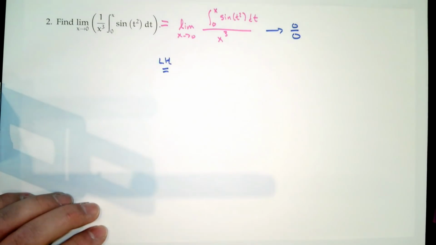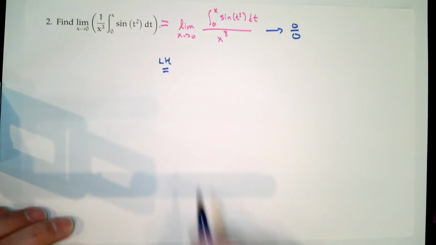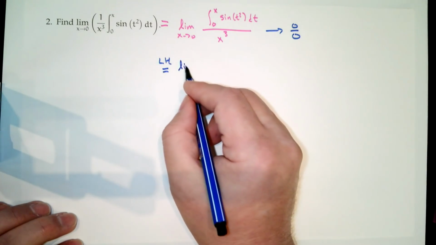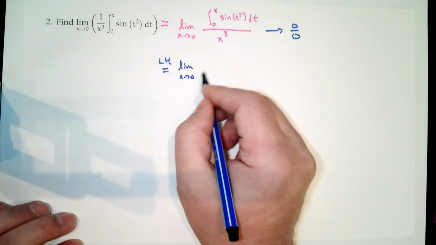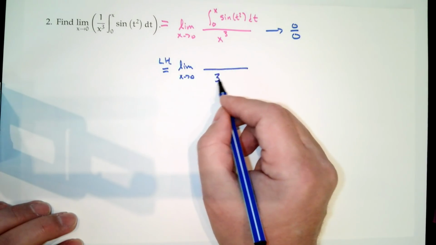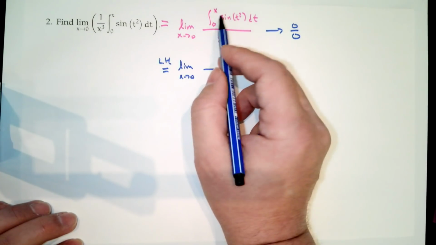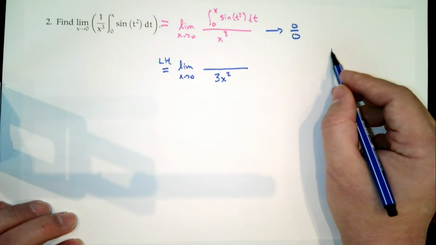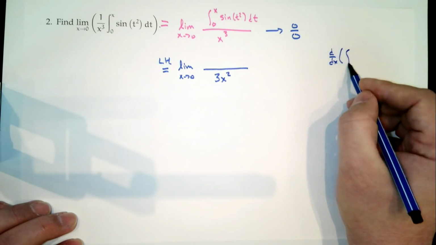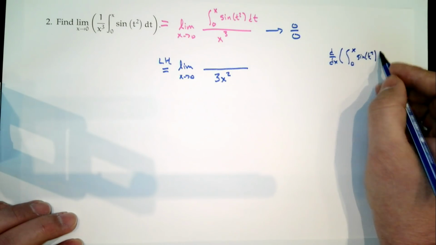L'hôpital. Okay, so l'hôpital says I can take the derivative. Now you've got to remember how to apply it. Limit, x goes to 0. Downstairs, take the derivative, 3x squared. This isn't a quotient rule. You're taking the derivative separately at the top and bottom. Upstairs, well, what is that? We have the derivative of the integral, 0 to x, sine of t squared, dt.